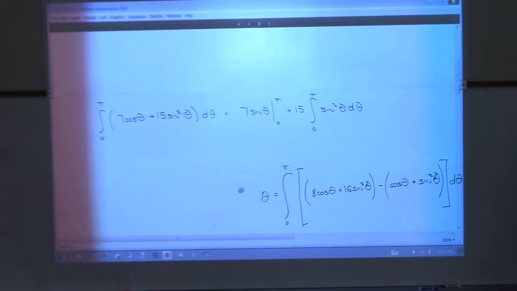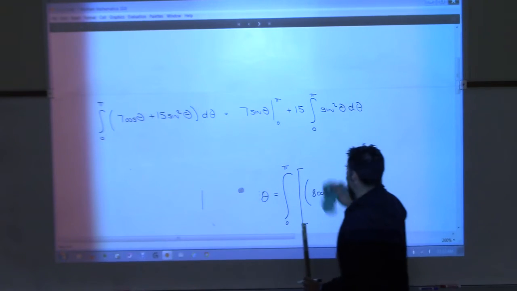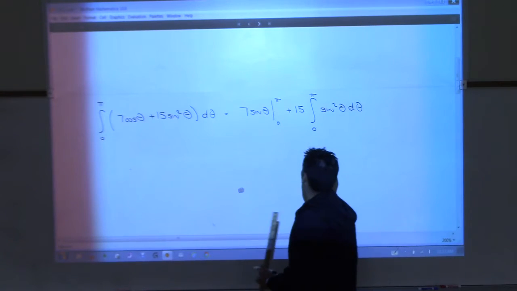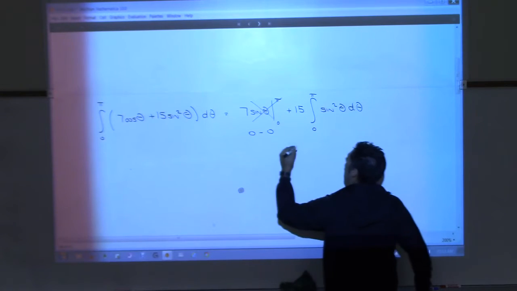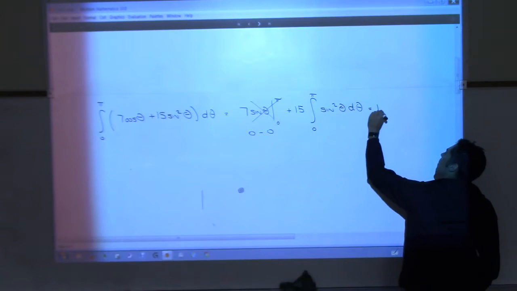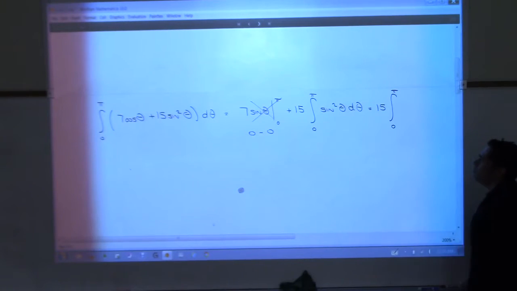So how do you integrate sine squared? Power reducing formula. I can rewrite the inside of that. So this first part is gone, that's 0 minus 0. So this is 15 integral 0 to pi. What's that power reducing formula? What does sine squared turn into?